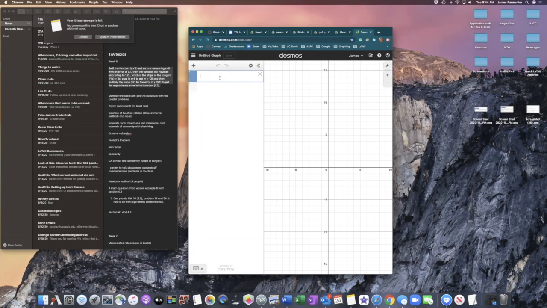So I want my function to be f of x equal to x minus f of x, which is x to the 4th minus x minus 1, over f prime of x, which is 4x cubed minus 1.